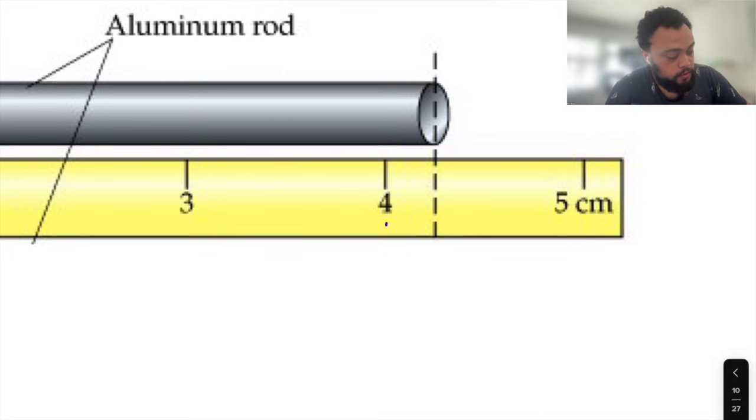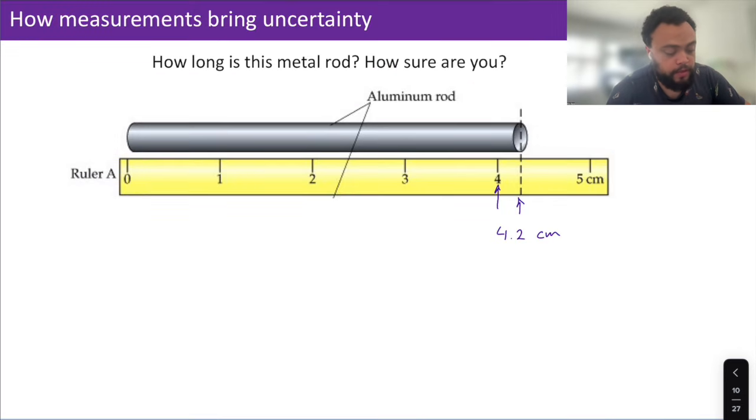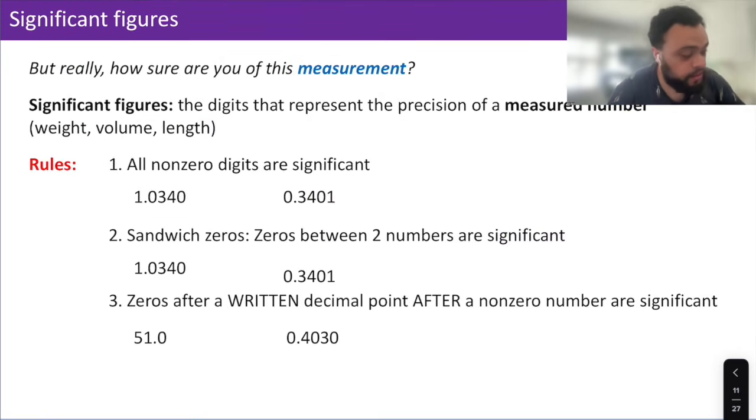So we can measure the ones place of the centimeters, and we're going to take a guess, our educated guess, based on how long it's going to be. So this would end up being 4 point, let's say 2, centimeters. That's, I think, a fair thing to say. But when we're talking about uncertainty in chemistry, specifically, we're going to talk about significant figures.